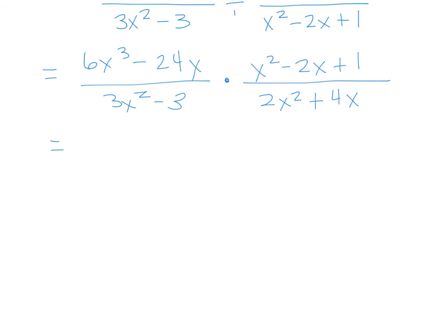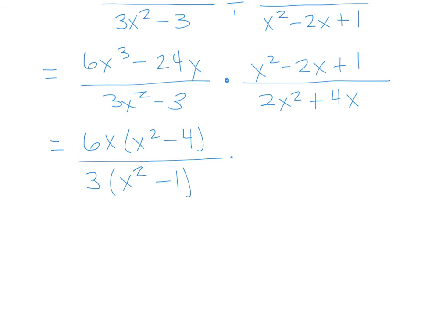We want to factor. The numerator has the greatest common factor of 6x, leaving x squared minus 4 in parentheses. The denominator has a greatest common factor of 3, leaving x squared minus 1 in parentheses.